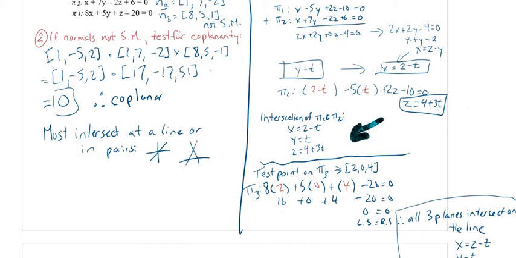Looking at our solution, we have x equals 2 minus t, y equals t, and z equals 4 plus 3t. I want you to use your mind's eye and imagine that as an equation of a line in vector form. Our position vector is just going to be all of the constants. That's going to be 2, 0, because there's no constant for y, and 4. So that would be the position vector if we were to put it back into the vector form of our equation. So we're going to take that point, and down below, we're just going to sub it in to equation 3.